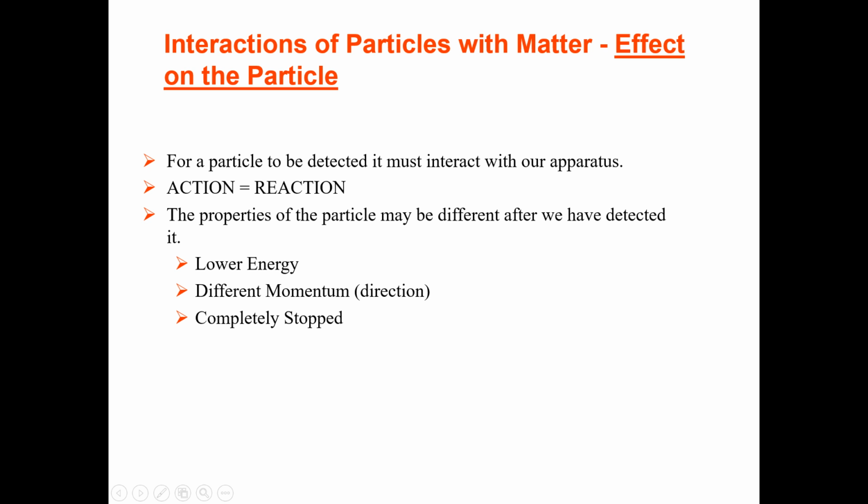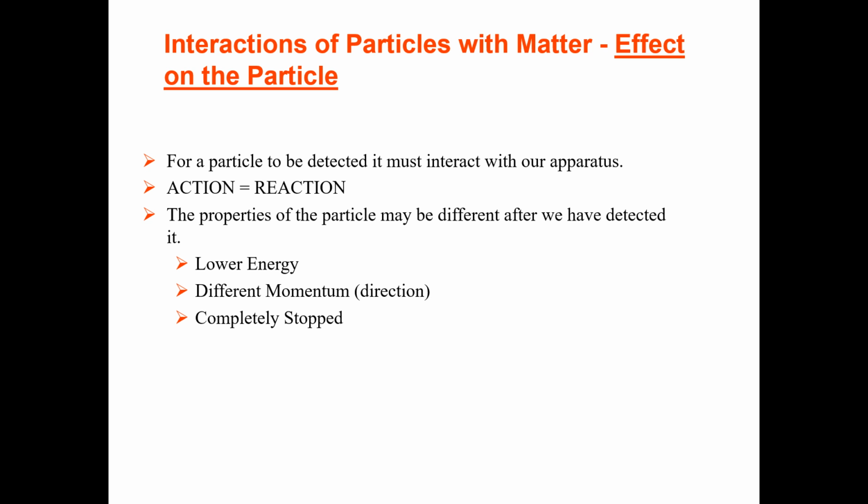Why? Because one of the following can occur. It can have lower energy, it may have different momentum or direction, or it may stop completely. This is how the property of the particle may be different after we have detected it. We can observe a change in energy, a change in momentum, or the particle can be completely brought to rest.